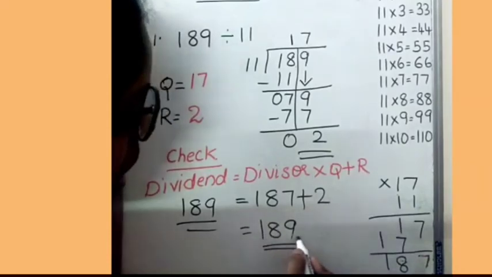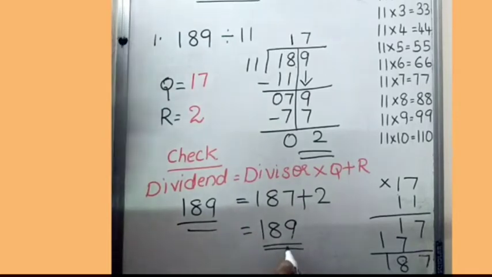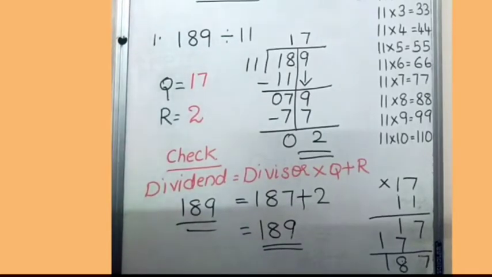It will become 189. That is the dividend 189 and the answer is also 189. Copy it in your notebook and study well. Okay.